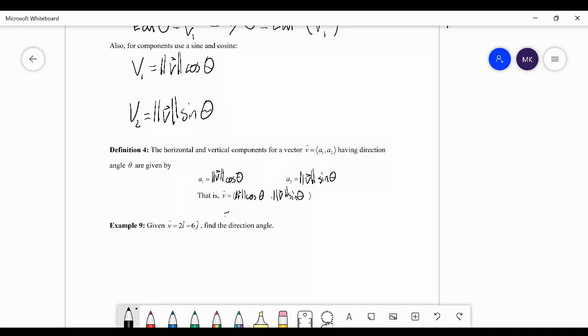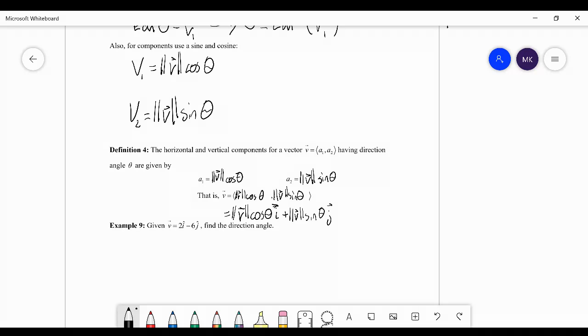Or if you want to write this in standard unit vectors, we could say the vector v is the magnitude of vector v times cosine theta times the vector i plus the magnitude of v times sine theta times the vector j.